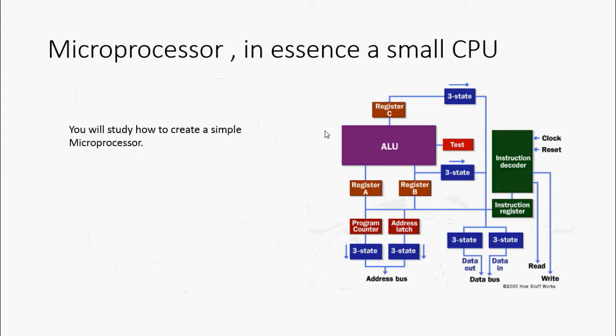You will learn what microprocessors are, and you are going to study the internal structures of central processing units, registers, and logic gates, and how to create a simple microprocessor.